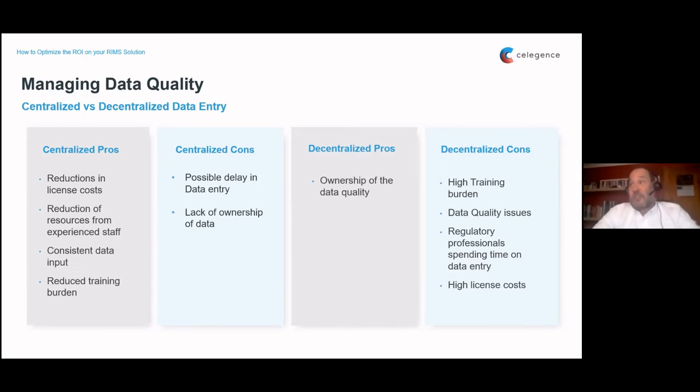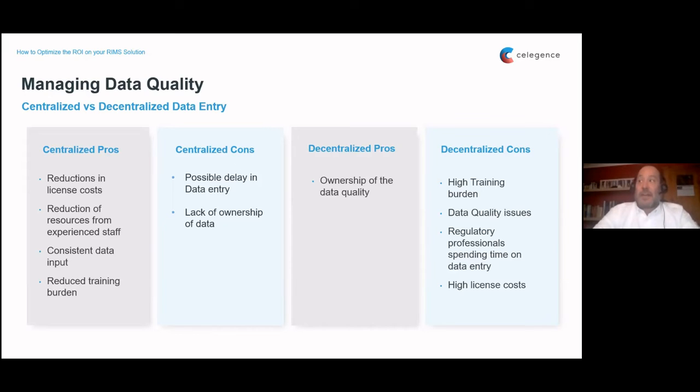As far as the pros for decentralized go, obviously, if you give that ownership to the regulatory executives and they're accountable for it, they're more likely to make sure the data is entered in a timely manner. But with a decentralized model, again, it's likely that you'll have a high training burden.